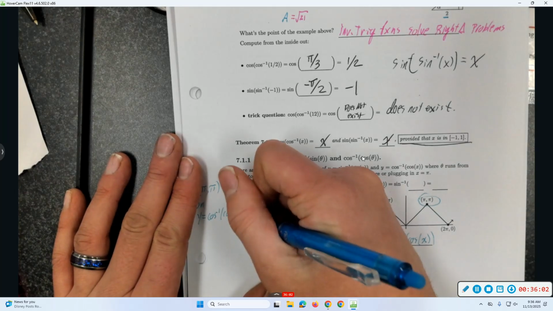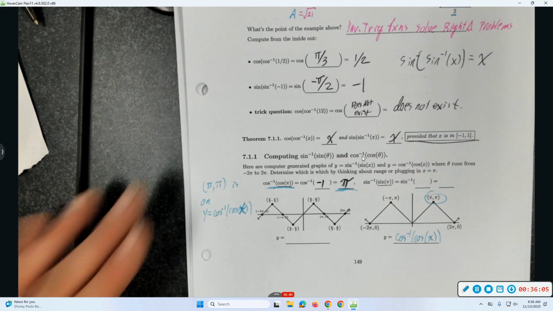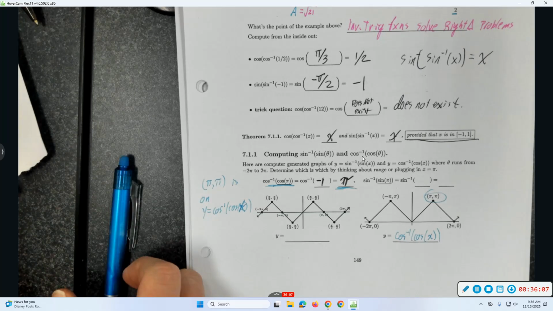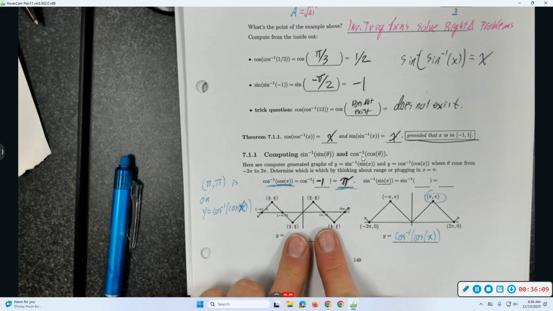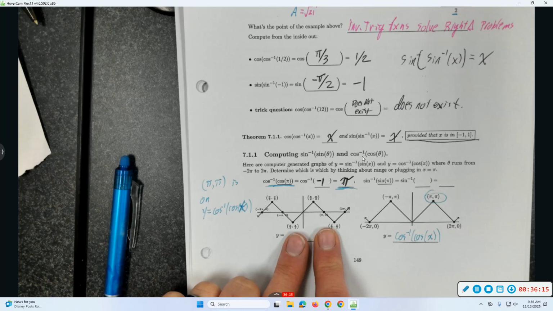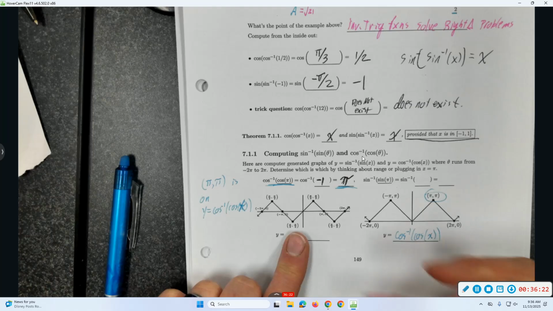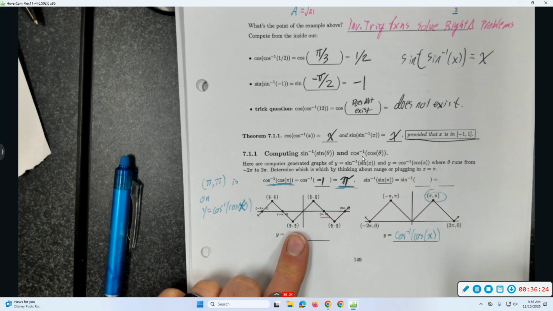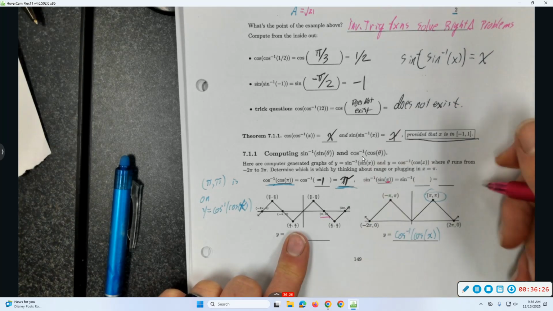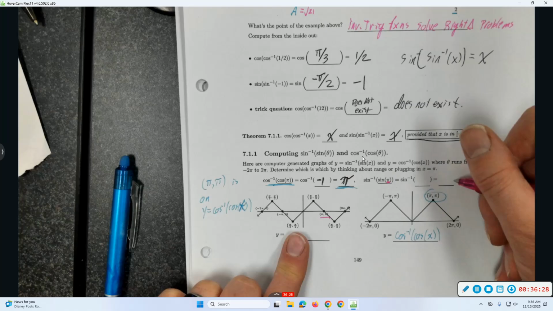Cool, so if this is the graph of inverse sine of the sine of x, then what output value had better correspond to an input value of pi? Zero. Better be an output value of 0.